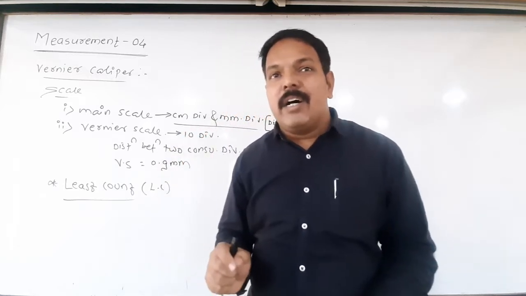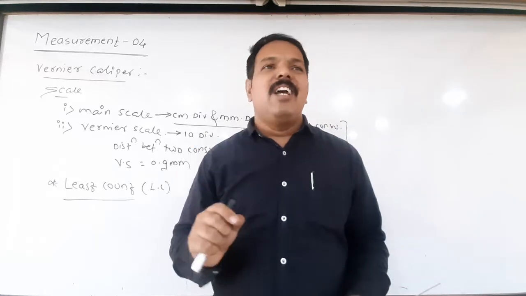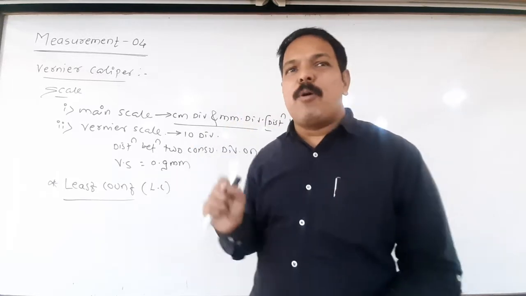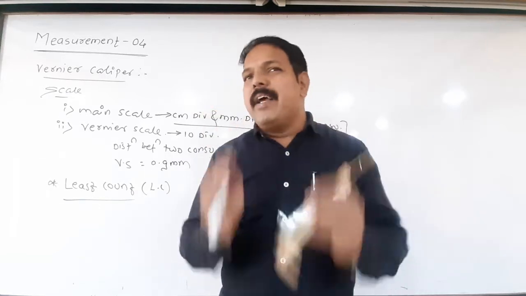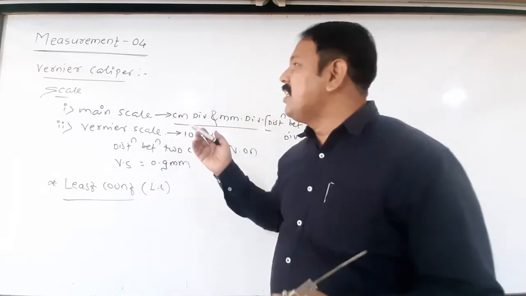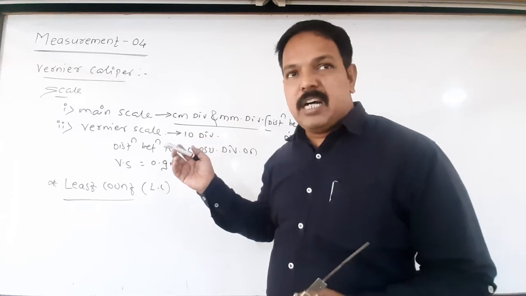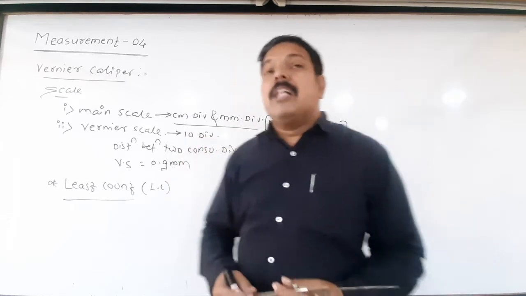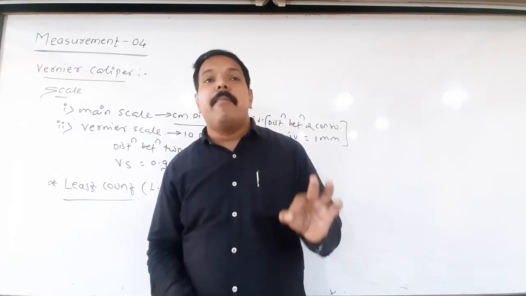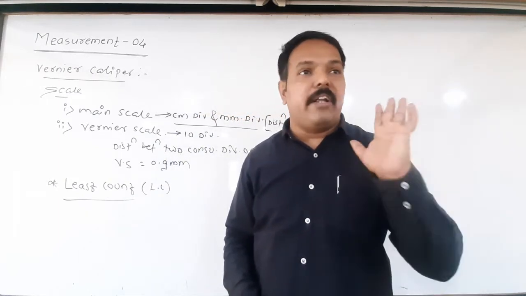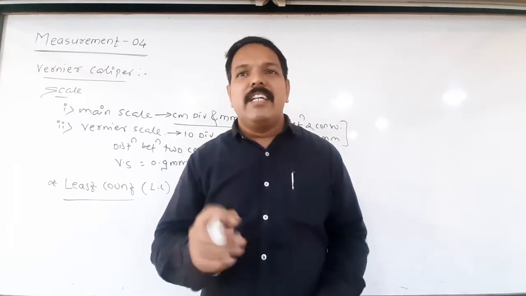We can't measure 0.5 millimeter or 0.7 millimeter or 0.9 millimeter by using the meter scale. But we can measure such a small distance by using the vernier caliper. Remember? So what is meant by least count? The minimum possible distance or length that we can measure by that device accurately is called the least count.